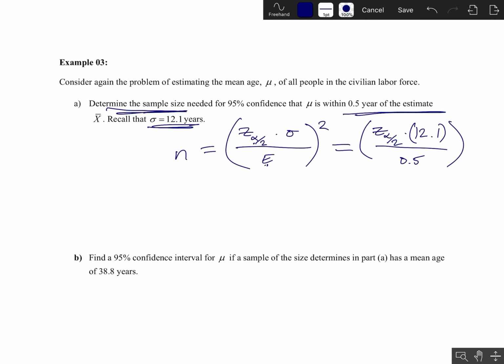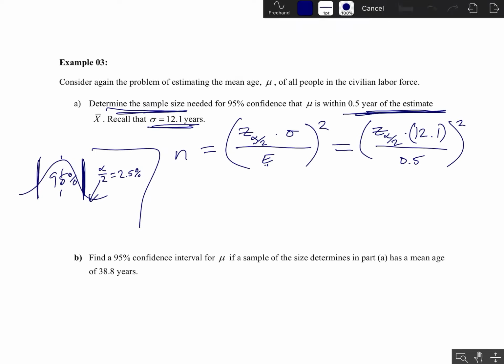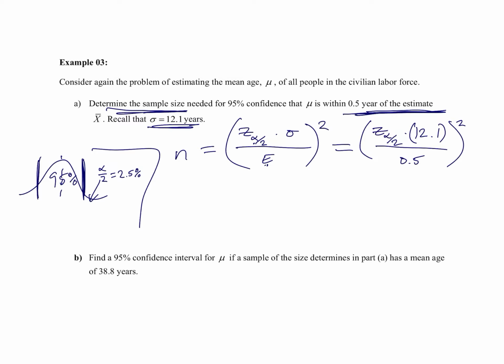So that underlined portion up here is describing the amount of error that we're okay with. And now I need to find z sub alpha over 2. That's, remember, the z-score that you would need if you want 95% confidence here in the middle. And if you want 95% confidence in the middle, that means that this alpha over 2 here is going to be 2.5% on the left side and 2.5% on the right side. Okay, but I'll go ahead and tell you the shortcut that I expect you to be using here.